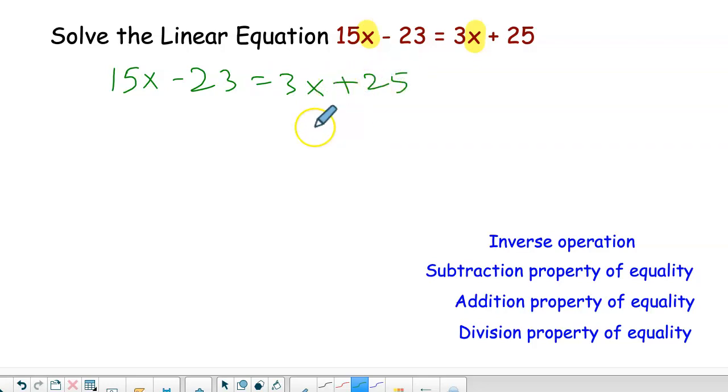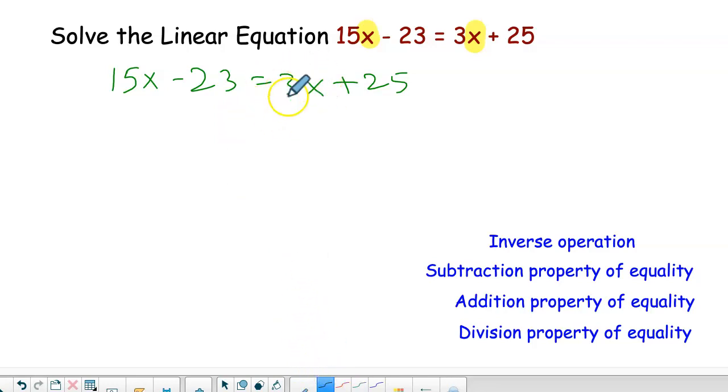I'll write again for you. So in your first step, you can either take care of this 23, it's a constant number, and move it from the left hand side to the right hand side, or cancel 3x from the right hand side. Or you can take care of both the things at the same time. But I'll just do one thing at a time.